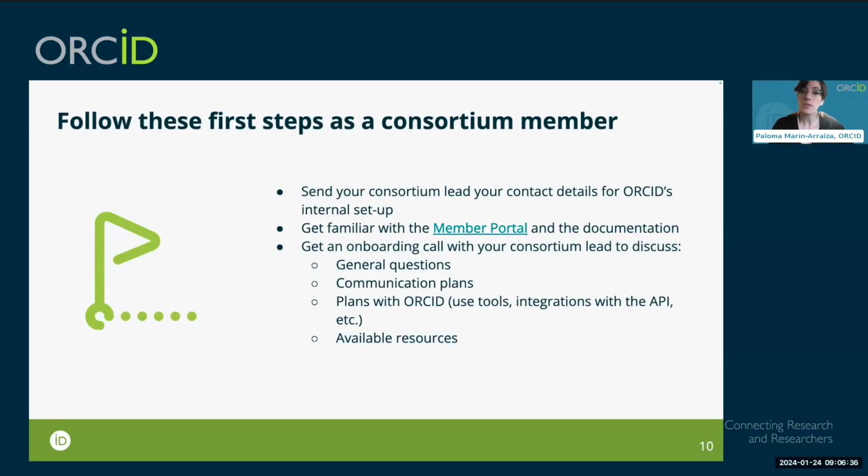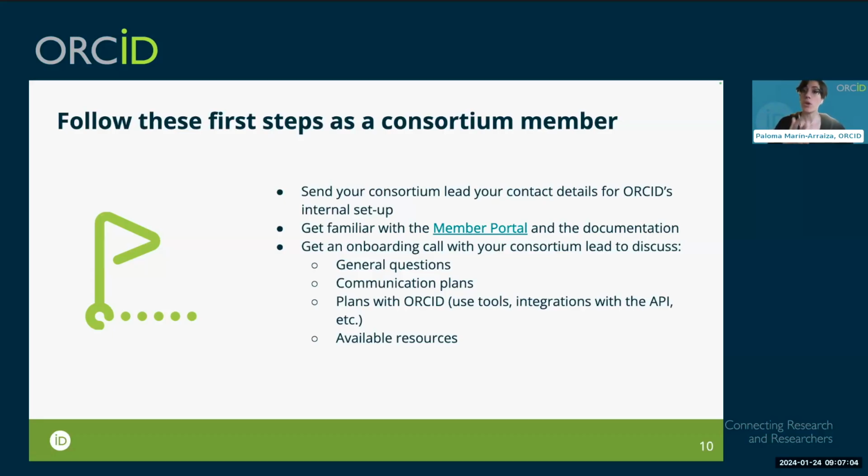So first of all, send your consortium lead your contact details for ORCID's internal setup. Get also familiar with the member portal and the documentation. We will have a separate session on the member portal so that you get all the information about what's there and how you can access information, manage your accounts, and also access other tools from the member portal.